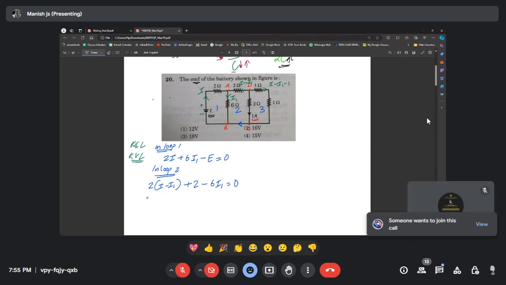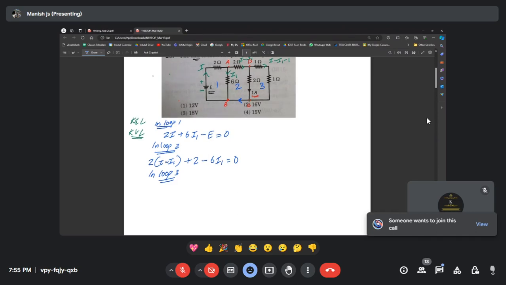Similarly, you will write the equation for the third loop as well. In loop 3, again I'm starting from point D and I should reach point D again by traveling inside the loop. So what will be the equation? The resistor is 1, so 1 times the current passing through it, I minus I1 minus 1.